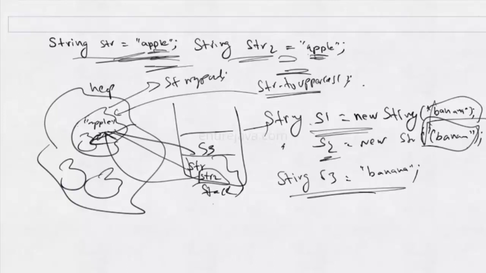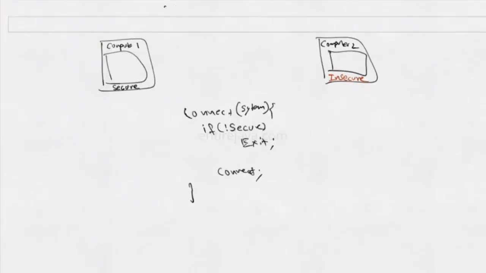But before that, let me just show you one of the security threats had it been the case that the string is mutable. Let's say you have two computers. Computer 1 is authentic and computer 2 is insecure. It has some malicious software in it, and you don't want to access that machine from your program.